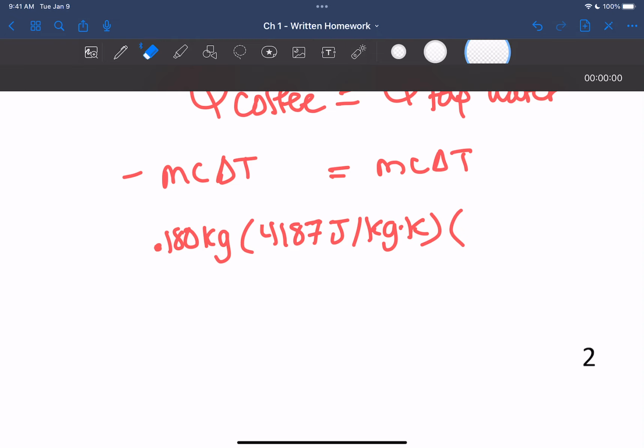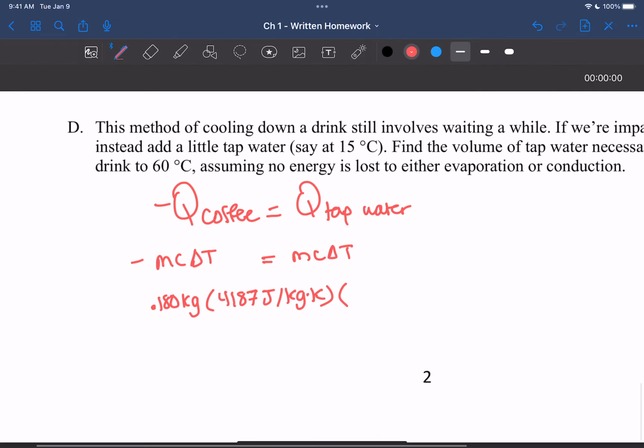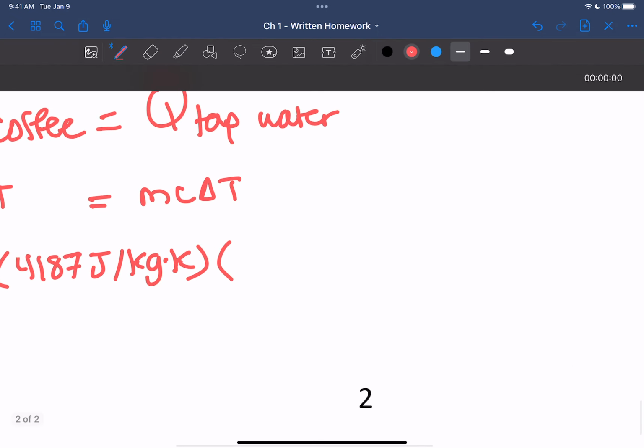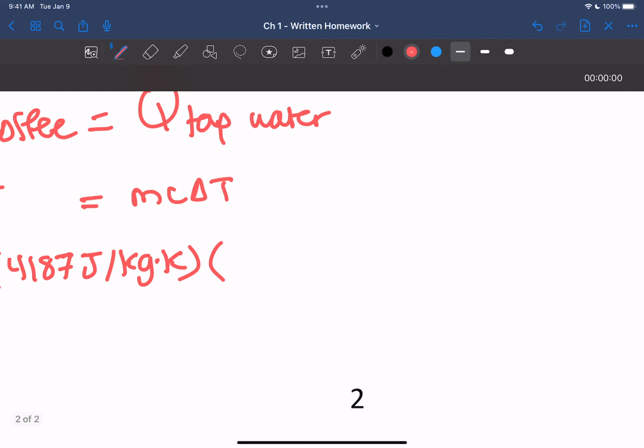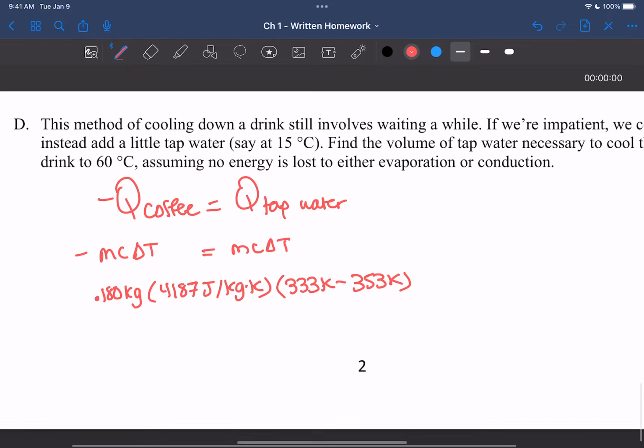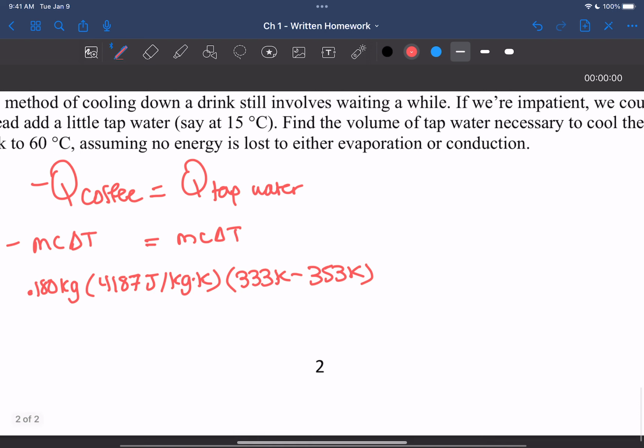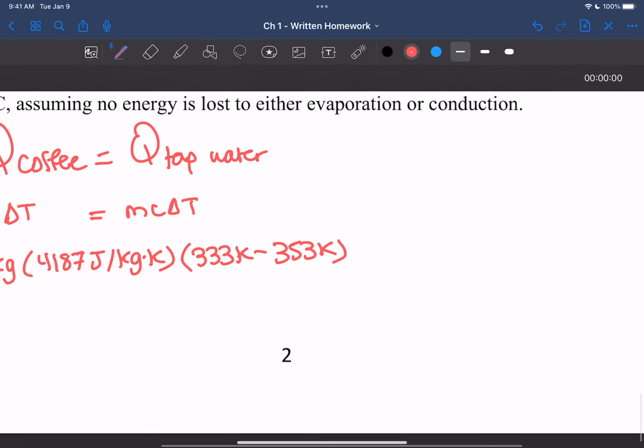We want the water to go from 80 degrees Celsius to 60 degrees Celsius, or from 353 Kelvin to 333 Kelvin. So T final minus T initial: we end up at 333 Kelvin, and we started at 353 Kelvin, so that's a decrease of 20, or negative 20.